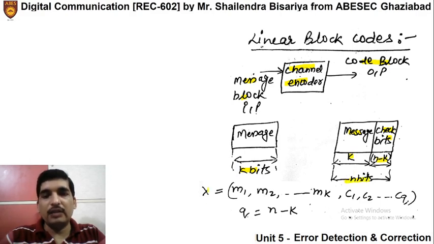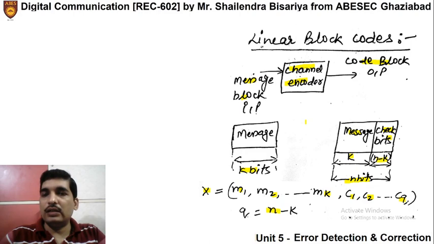We can represent this as x equal to m1 m2 up to mk, the k message bits, followed by c1 c2 up to cq, the check bits. So k plus q equals n. Total n bits will be sent via the code word. This is what we have already discussed.